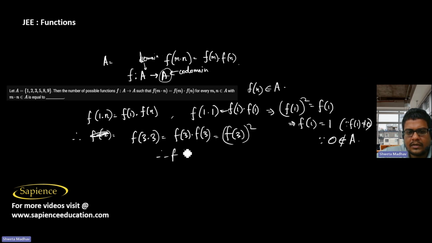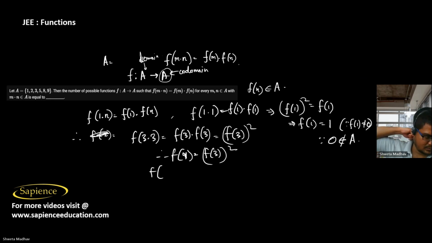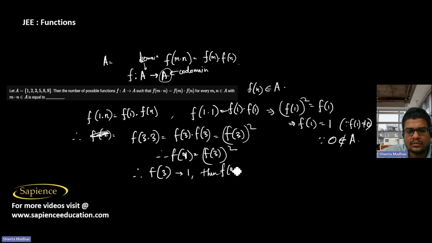So f of 3 can be 1, then f of 9 will also be 1.